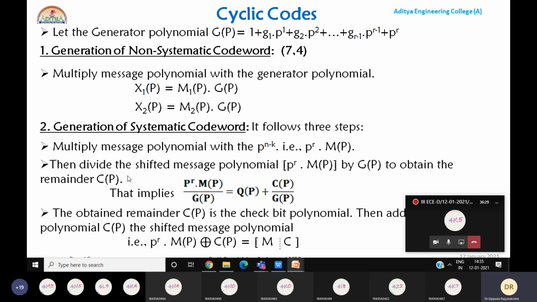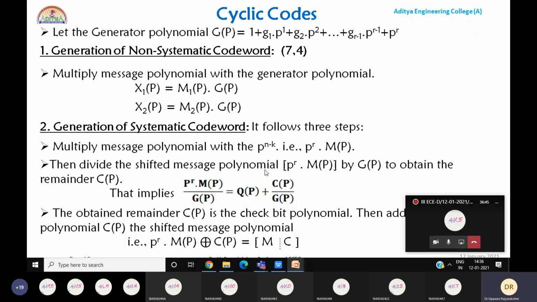Now then divide. What is the second step? Divide the shifted message polynomial, that is p power r into m of p, which is the first step, by g of p.